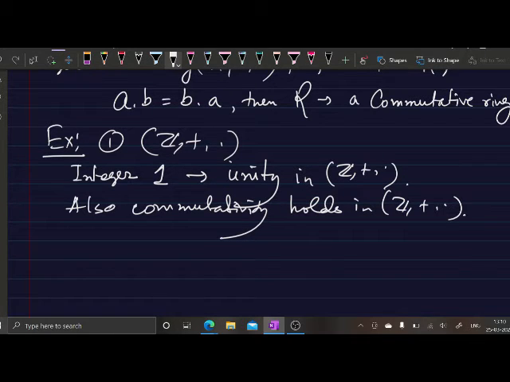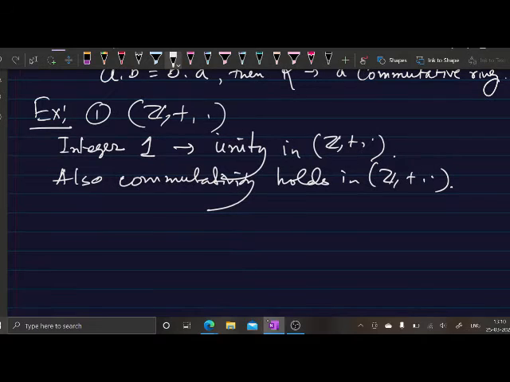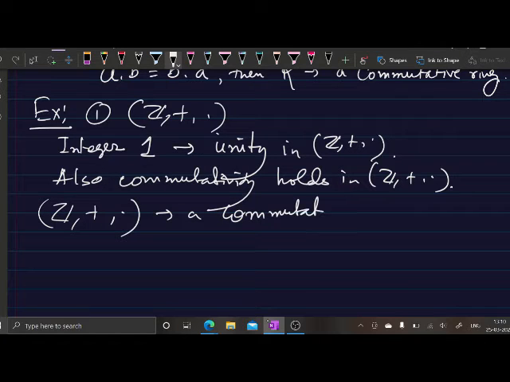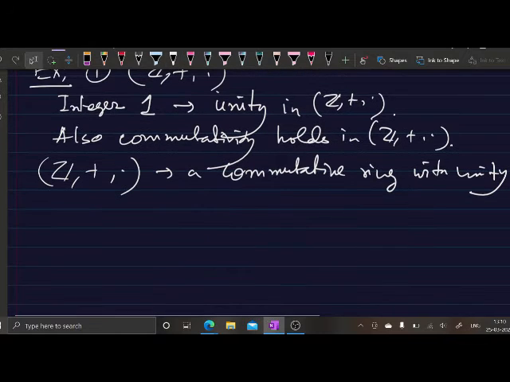Therefore this is a commutative ring. This is an example of a commutative ring with unity. The integer 1 is the unity of this ring.